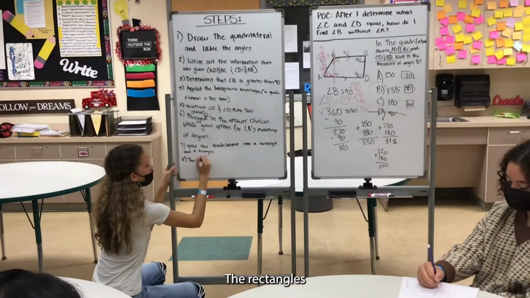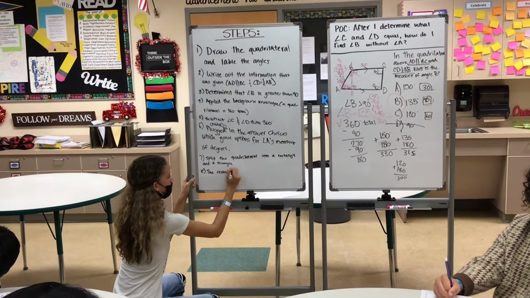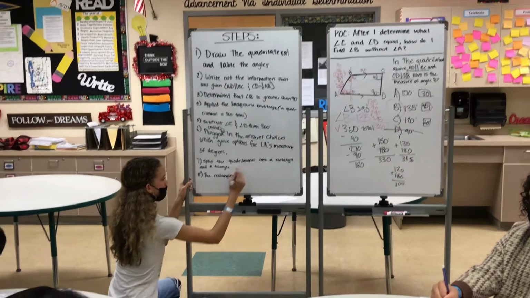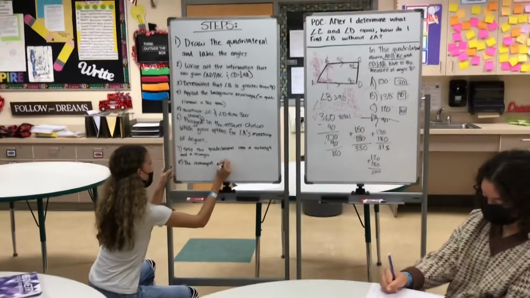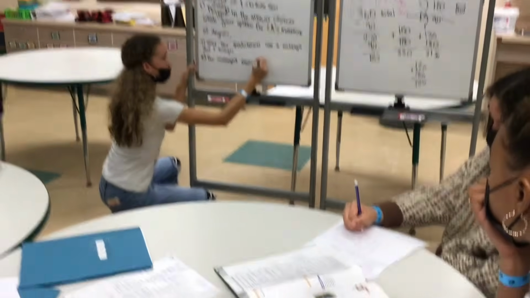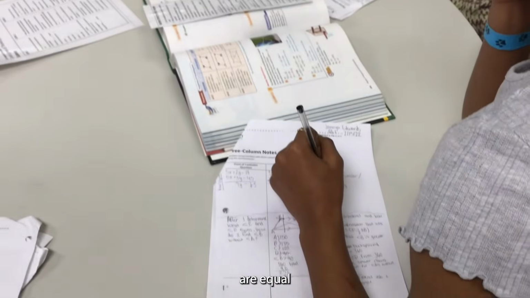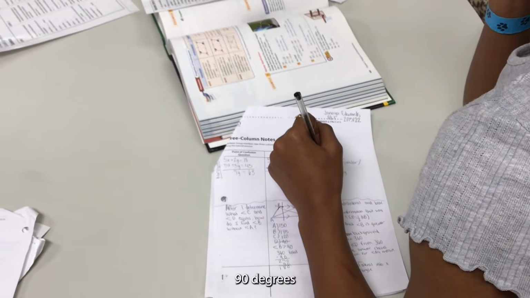The rectangle's angles all equal 90 degrees.